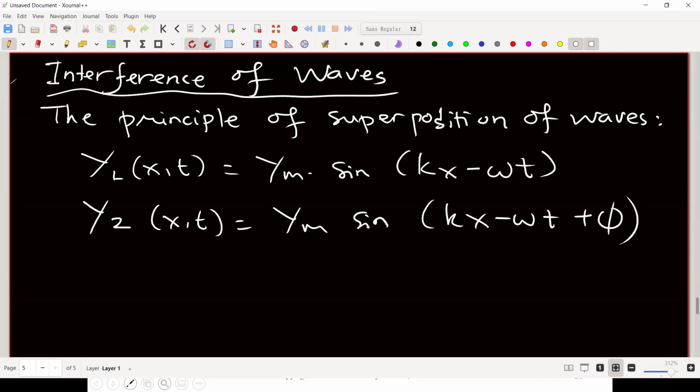So we can apply the principle of superposition.